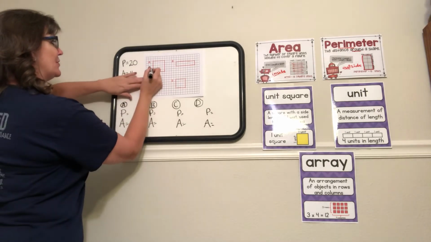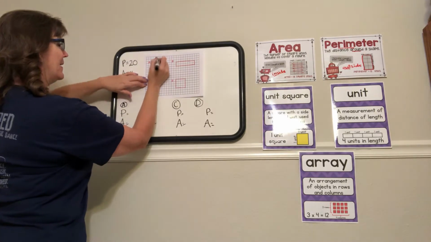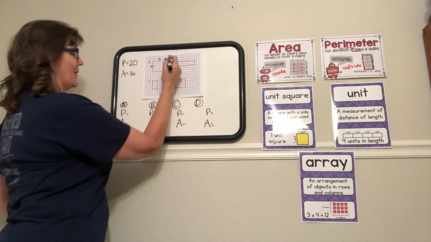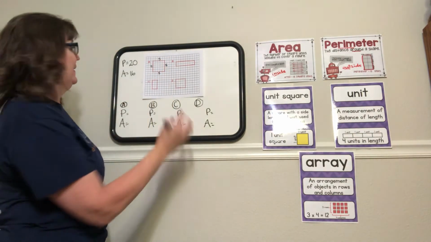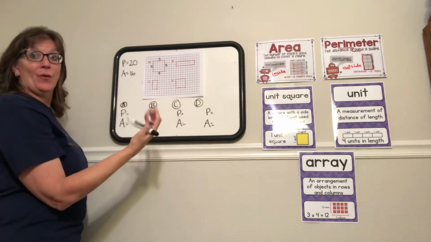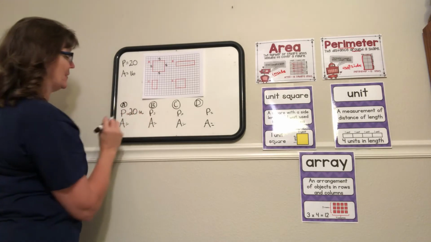So here I have 1, 2, 3, 4, 5. 1, 2, 3, 4, 5. So if I have a length of 5 and a width of 5, I know that my other sides are also going to be 5. It is a square. So I add up 5 plus 5 plus 5 plus 5. 4 5s is 20. So I have 20 units.